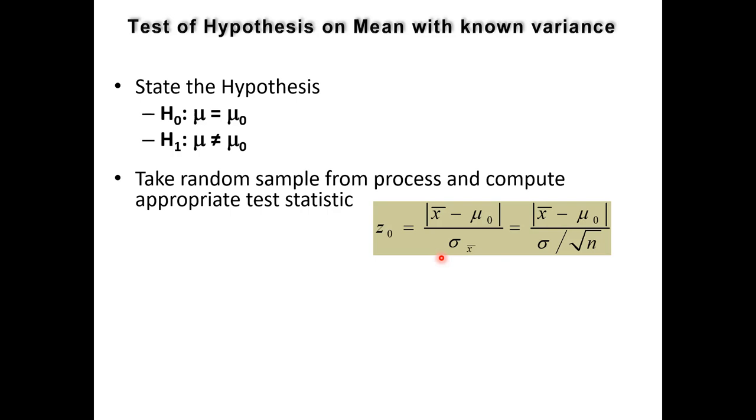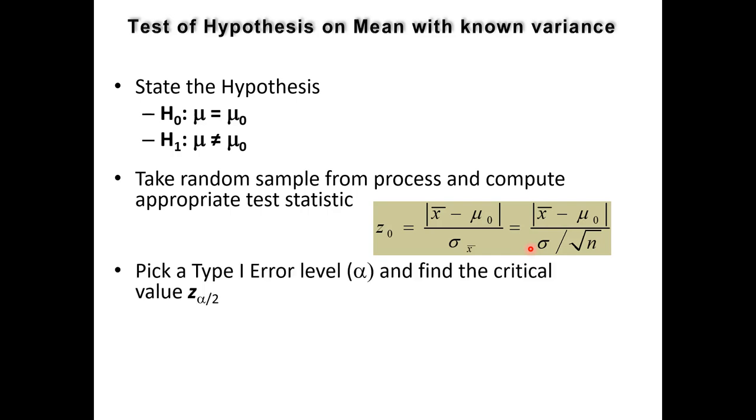Here we use the Z statistic to come up with the test statistic for this hypothesis testing. I'm sure you're quite familiar with the formula for transforming X into Z: the sample mean minus the process or population mean, divided by the standard error. The computation of standard error also makes use of the population standard deviation.